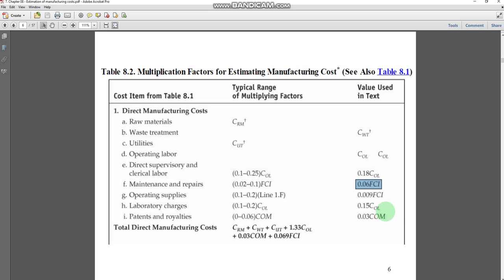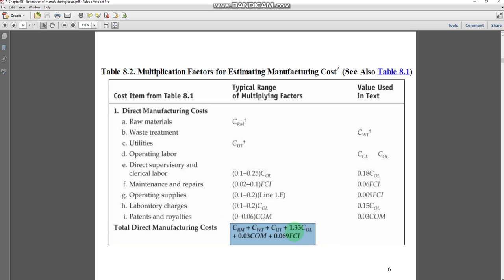Similarly, we have an equation for the laboratory charges. Patents and royalties are a function of COM, the cost of manufacturing, multiplied by 0.03. Now we have to add up all of these costs together to get the value for total manufacturing cost. So this is the equation that we have for the total manufacturing cost.